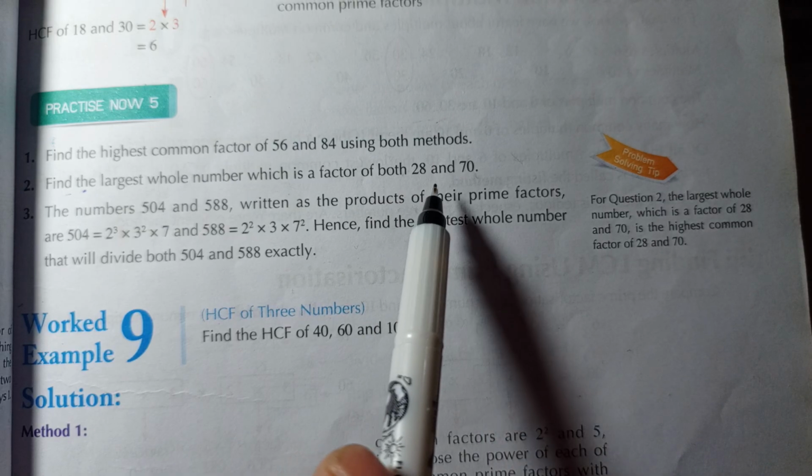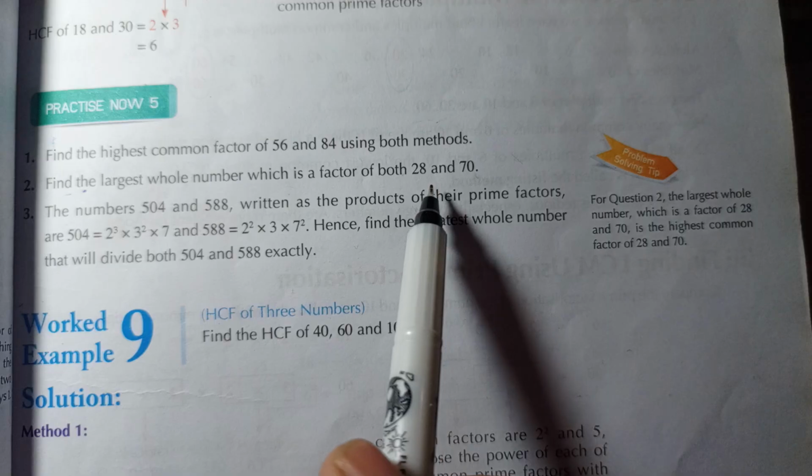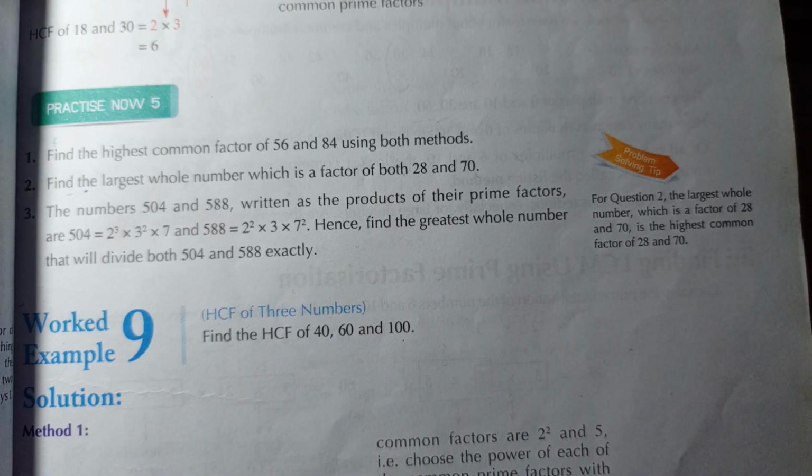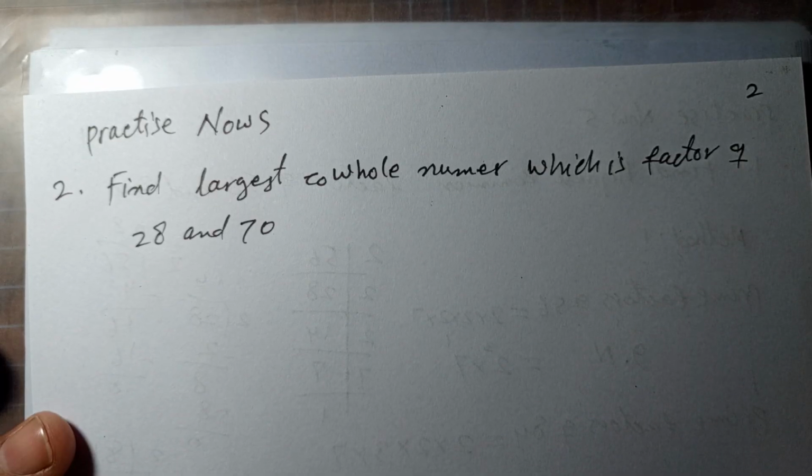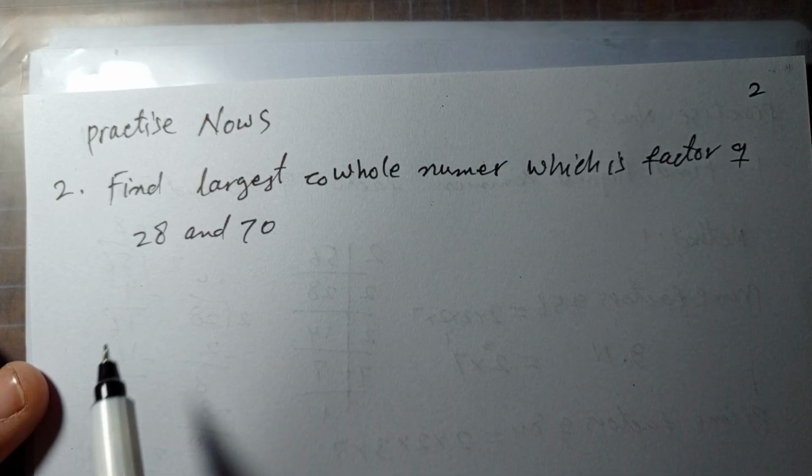The largest whole number which is a factor of 28 and 70 is actually the highest common factor, because factor means a number which can divide both.